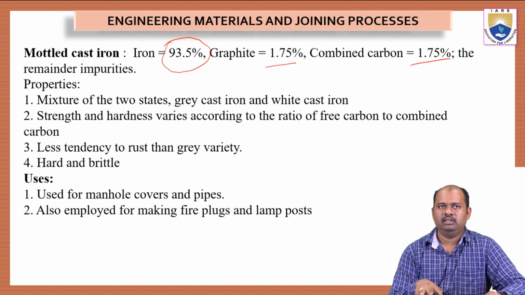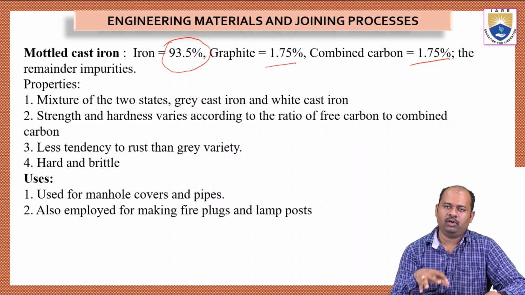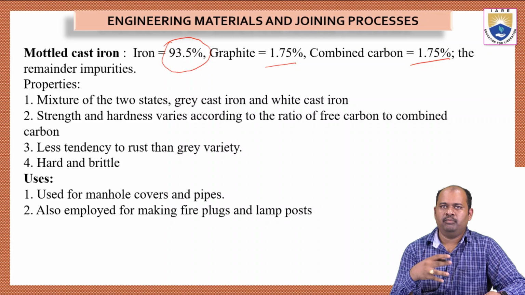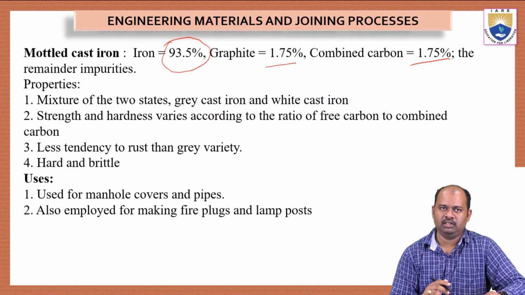So that is why this is called mottled cast iron, which means it is a combination or mixture of two cast iron forms, where it has particular properties, that is strength and hardness. So both of the properties will be seen in this type of cast iron.